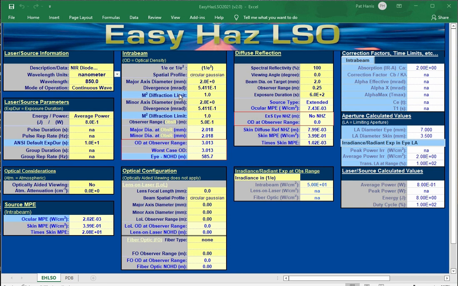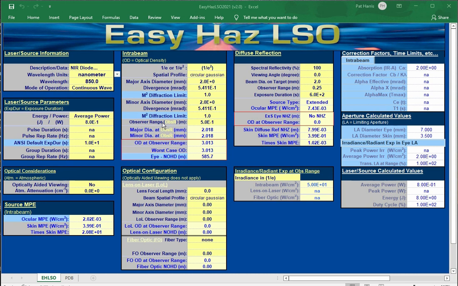And what that means is for a given beam diameter, if we set M squared to 1, it will calculate the minimum divergence that that particular laser or that laser output can have. And so this gives us, of course, our largest NOHD, and that's what we want to be able to calculate, is what is our realistic worst case NOHD, and there it is.